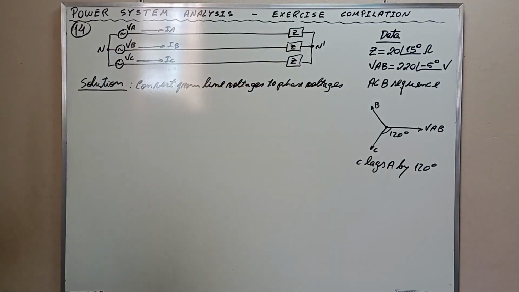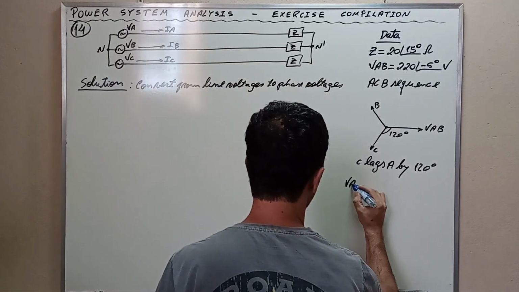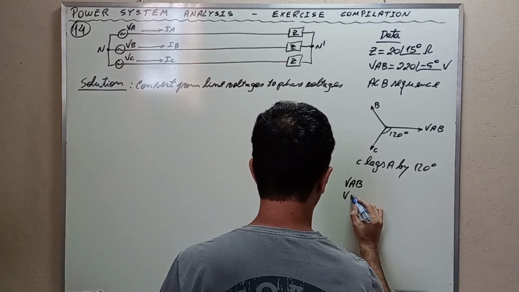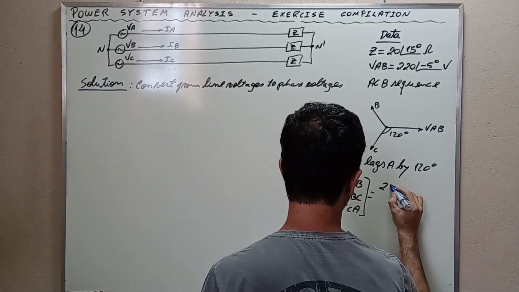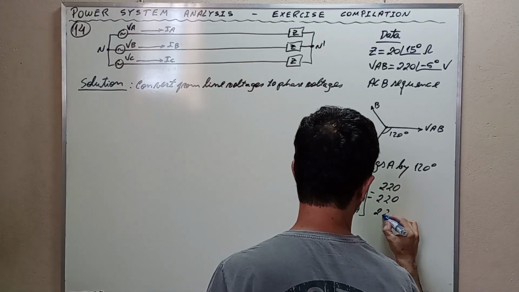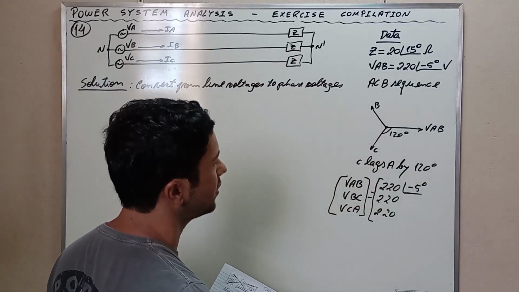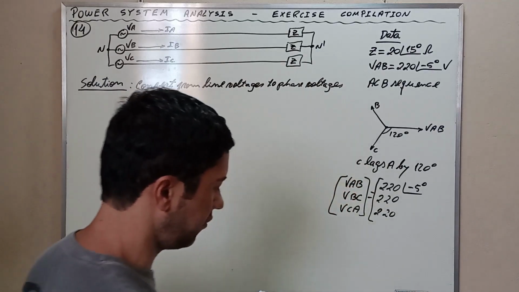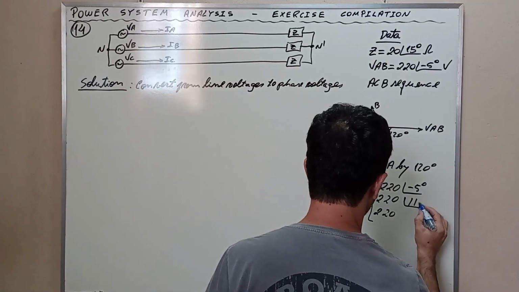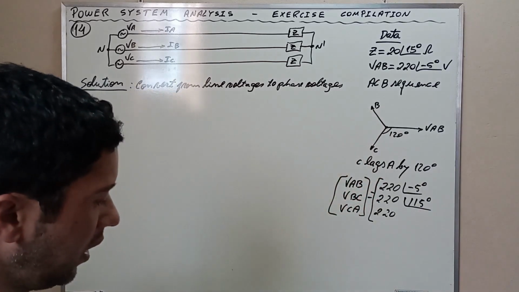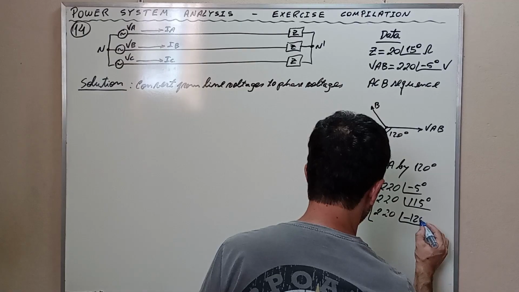Okay, being this an ACB system, we see that VAB, VBC and VCA will be equal to 220 here phase negative 5 degrees as the exercise said, and as VBC leads VAB, it is going to be 115 degrees, and as VCA lags VAB by 120 degrees, the angle here is going to be negative 125 degrees, okay?